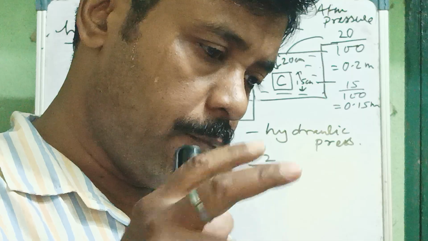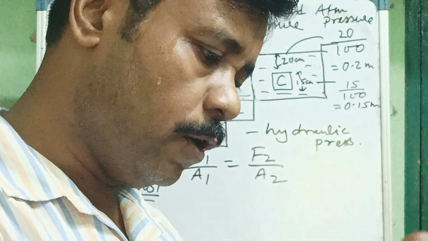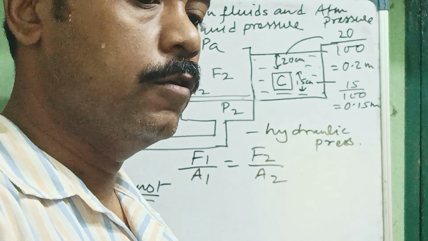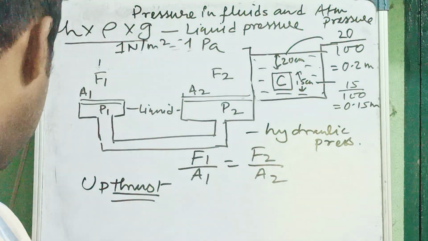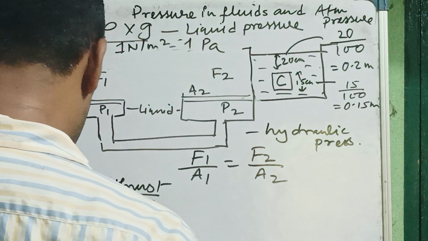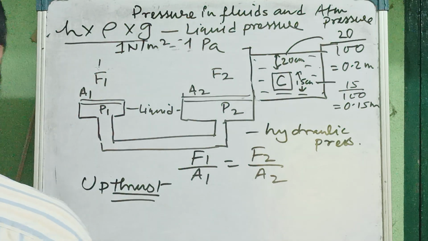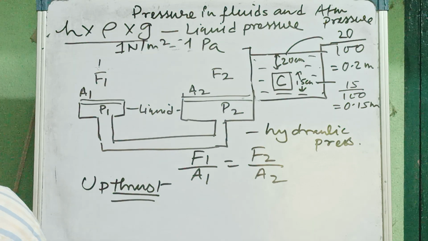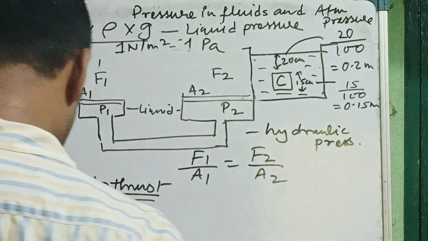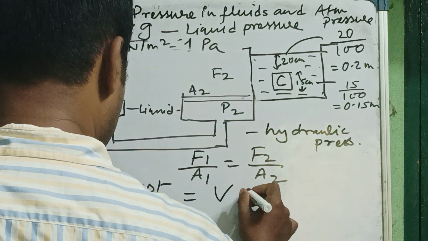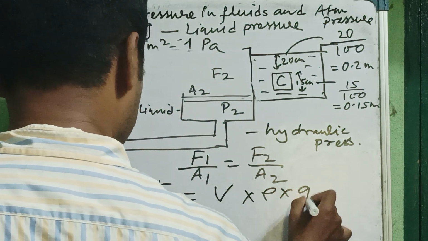If you hold a mug in a tub containing water, then the pressure is exerted by the water upwardly on the mug. So the same thing, upward pressure is called upthrust. And the upthrust formula is volume into rho into g.